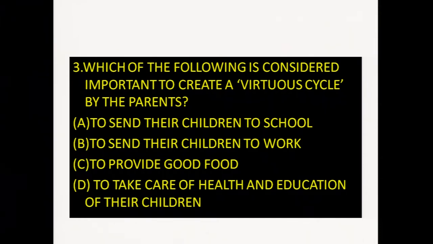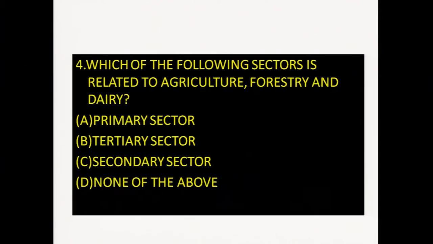To send their children to school, to send their children to work, to provide good food, or to take care of health and education of their children. Obviously, the answer is option D, because health and education are the two important aspects in the capital formation.